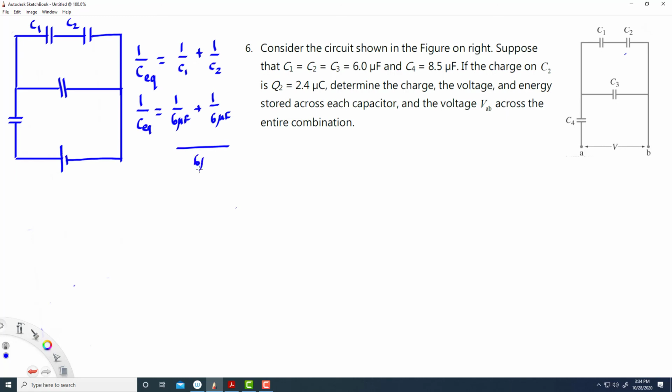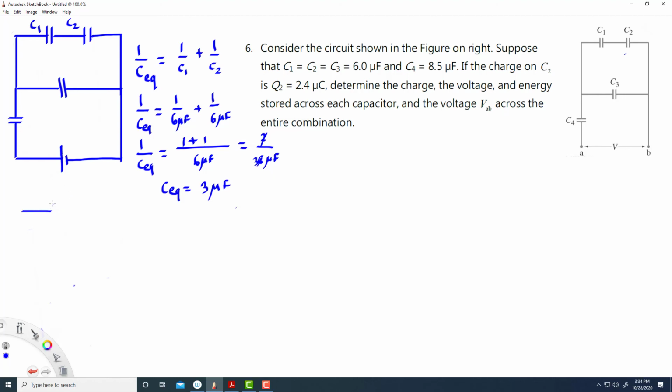So 6 microfarad is common, 1 plus 1 over 6 microfarad. So that's 2 over 6 microfarad. So C equivalent would be 6 over 2, you can cancel, so that's 3 microfarad.